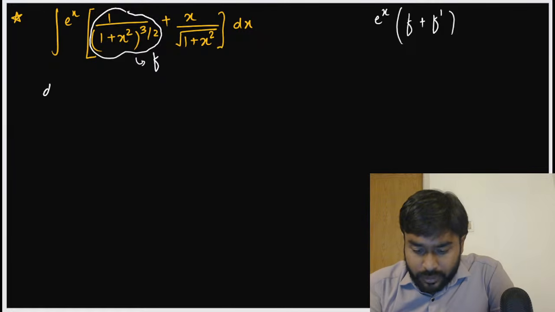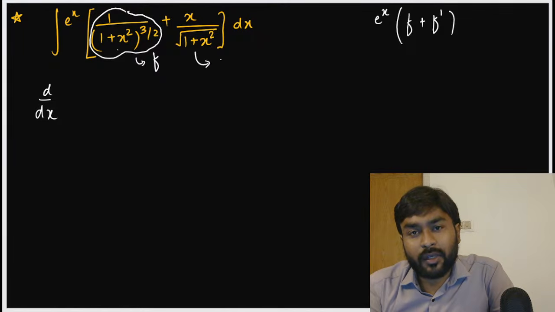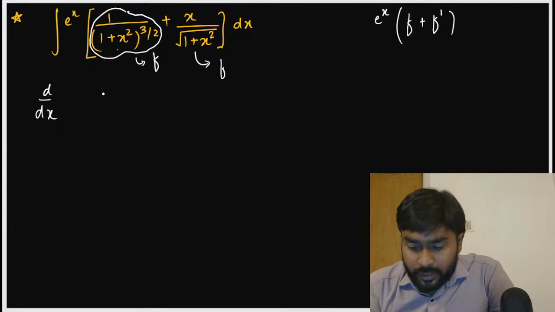So if I differentiate, dy by dx will go in the numerator. Then it will become minus 3 by 2, then minus 5 by 2 and 2x. This will not come. Okay.